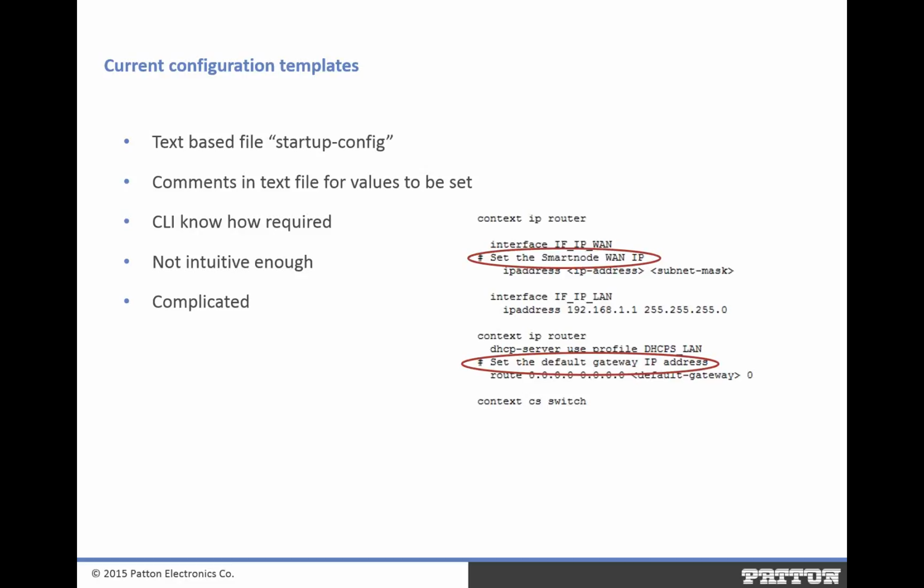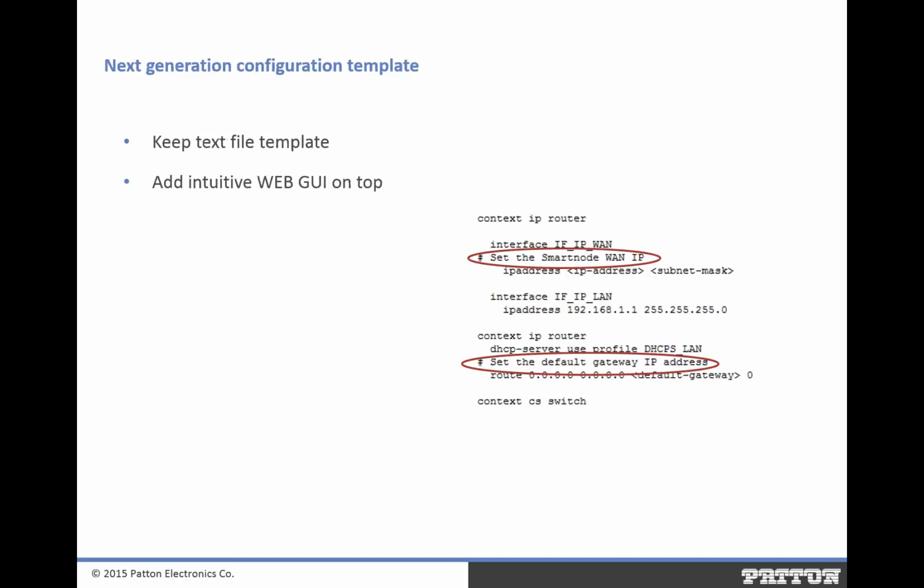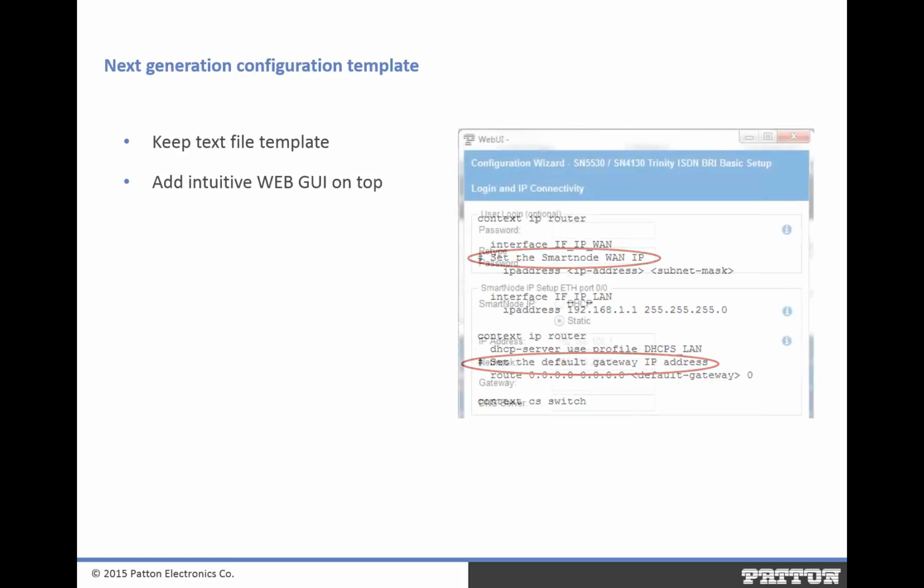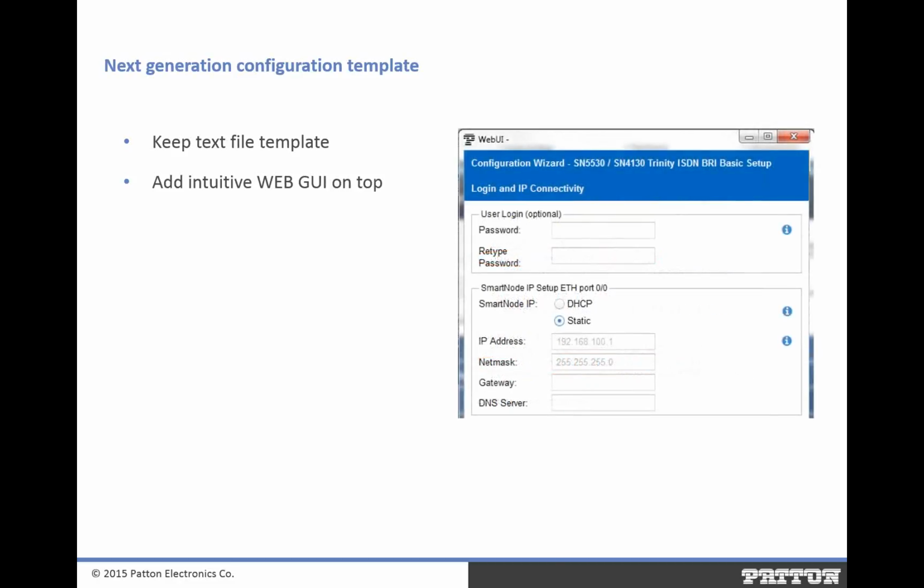So we said, how can we make it easier for the end users, for the small system integrators installing patent devices? And there we came up with the idea: what happens if we just add a web interface on top of that config template file? That's what we call our web wizard.